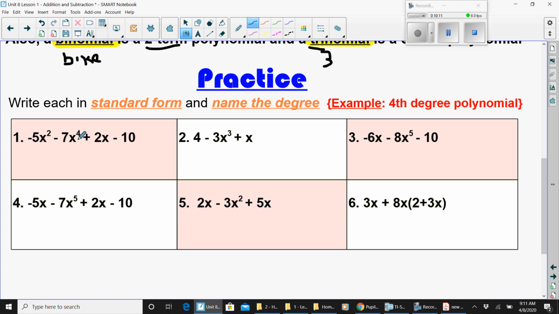Obviously this monomial has the highest degree, so this is a fourth degree polynomial.